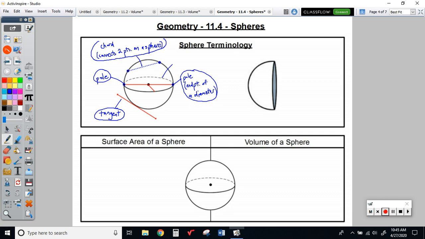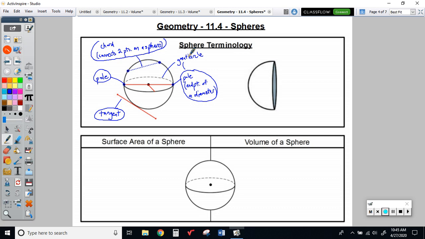And what else do we have here? This is called a great circle. Notice that's this circle right here. It's a circle that contains the center of the sphere. The equator is probably the most common example of a great circle on the globe. You could think of the prime meridian as well, or really any longitude lines.